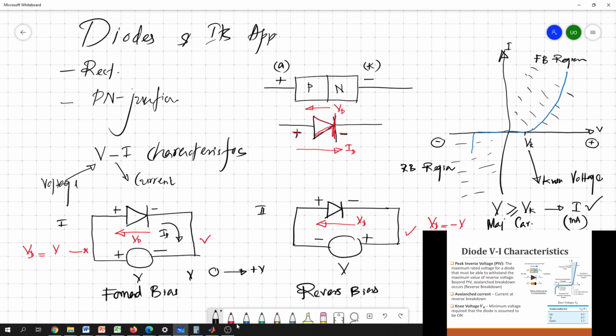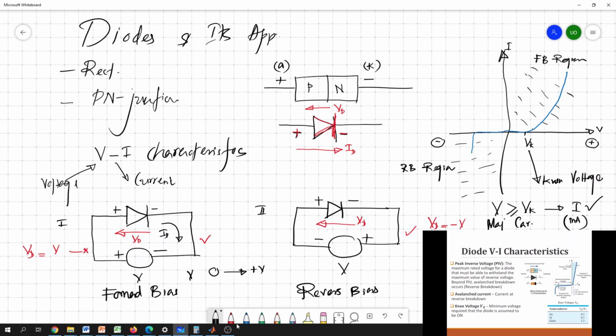It's a very small current flow through the diode due to minority carriers. So once you apply a positive voltage greater than the knee voltage, you can observe a current in the milliampere range. Otherwise, the current is simply 0. Once you apply a negative voltage across the diode, you can't observe a notable current, but there is a very small current in the microampere range due to the minority carriers.